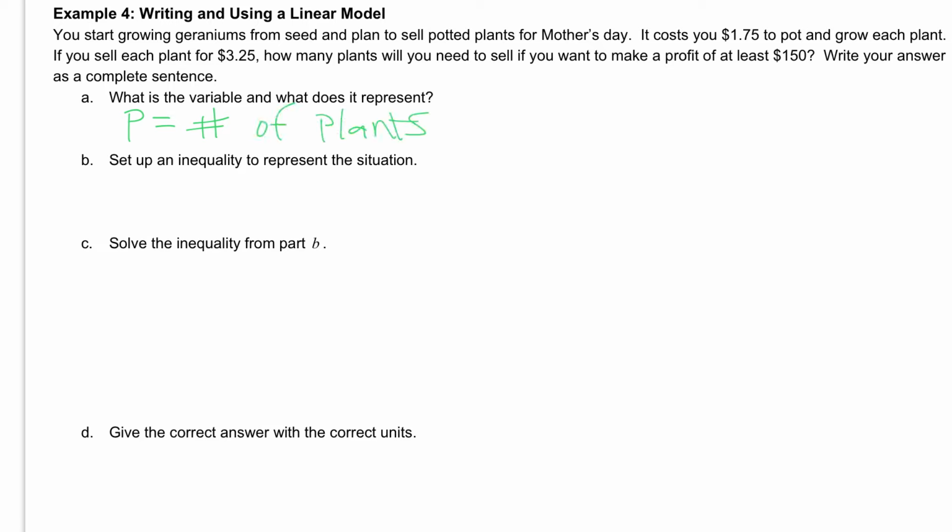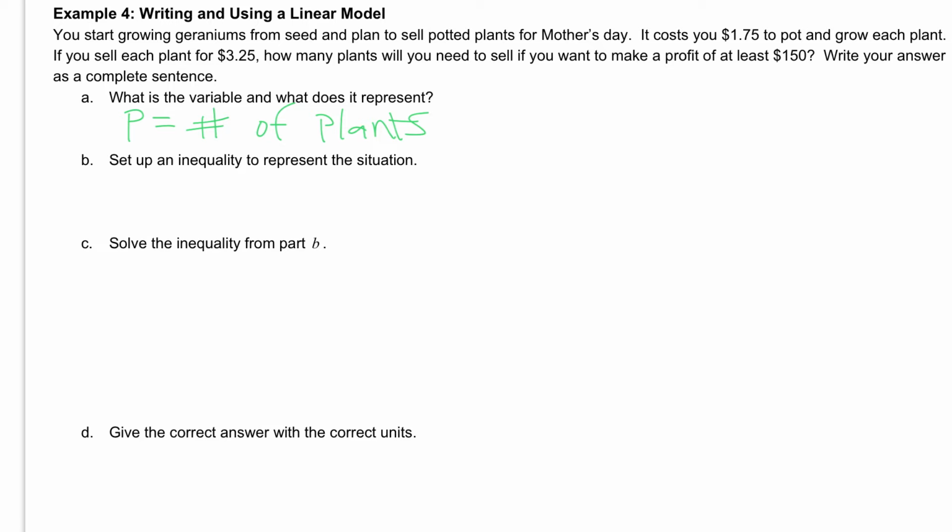Now in letter B, we have to set up an inequality. So it says you start growing geraniums from seed. Then it costs you $1.75 to pot and grow each plant. And you sell each plant for $3.25. If you think about it, if it costs us $1.75, that's a negative amount of money coming out of our pocket. And then when we sell the plants, we're making $3.25.